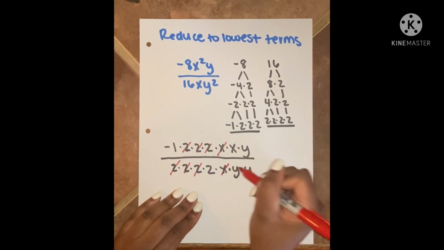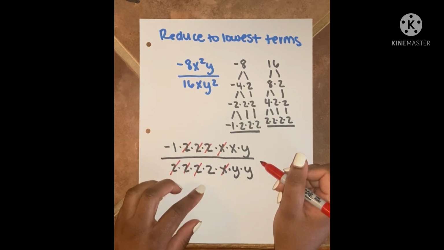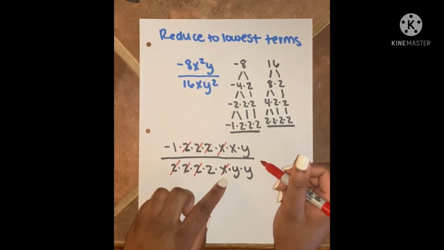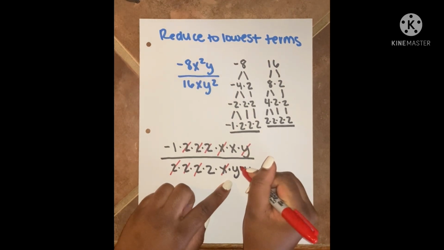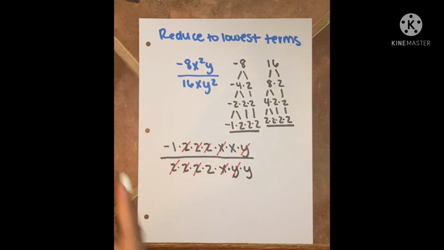We have an x in the numerator and an x in the denominator. And we have a y at the top and a y at the bottom. So now we have to see what we have left.